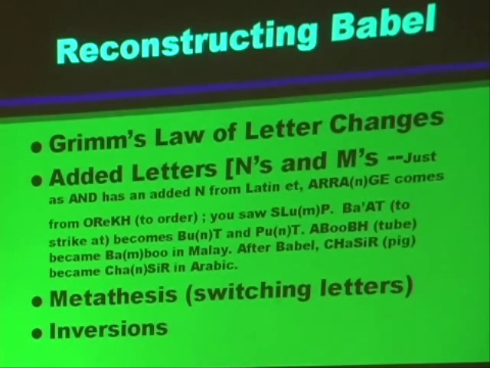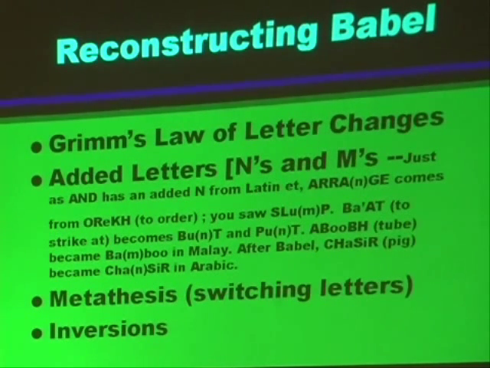He has an example of the word arrange, which comes from orech, which means to order or organize. Similar roots, but there's an extra N there. So if you drop that extra N, you are able to see a little bit better the root of orech. Possibly. The CH, remember, is a difficult sound to make in English, so it's being dropped. Could be, possibly.